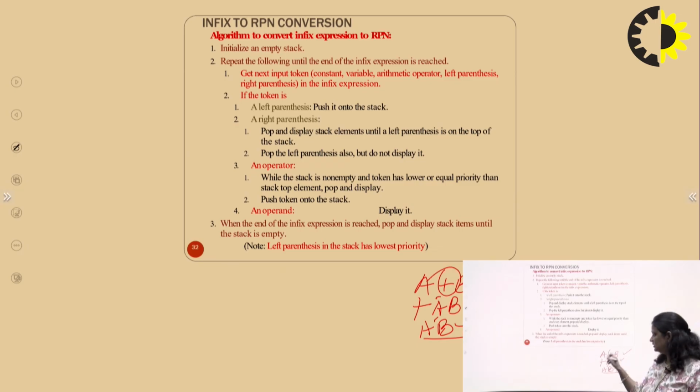This is infix, in which the operator is between the operands. Prefix, in which the operator is before, or pre, the operands, and postfix, in which the operator is after, or post, the operands. So this is an infix notation, this is a prefix notation, and this is a postfix notation.